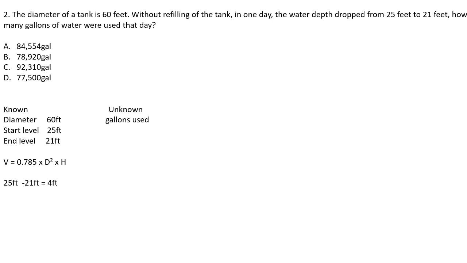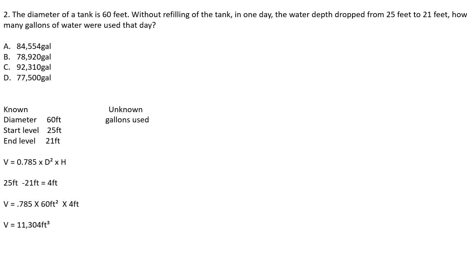So now we're going to plug our values into our formula. So we have 0.785 times the diameter squared, 60 feet, times itself, times the height of 4 feet. And when you do the math, you get a volume of 11,304 cubic feet.